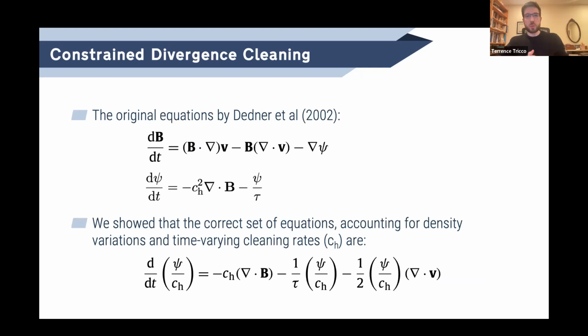And going through this process as well, we realized that the original equations by Dedner, given here, are incomplete, in that the full set of equations need to account for density variations, which are understandably important in many astrophysical contexts. And this cleaning rate c_h here, which gives the rate at which those hyperbolic waves propagate outwards, can vary over time. And you can account for that as well, and doing these things also improves the quality and performance of the method.